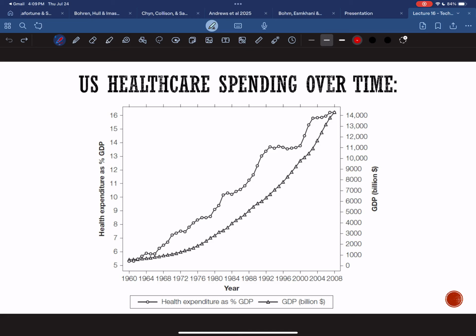Now we're at like 17.5%, so it's still going up. And then the triangles are GDP, so we're getting richer. We have more money to spend, and we're spending a bigger share of our money on healthcare, meaning our total healthcare costs are going through the roof because we both have more money and we're spending proportionately more of that money on healthcare.